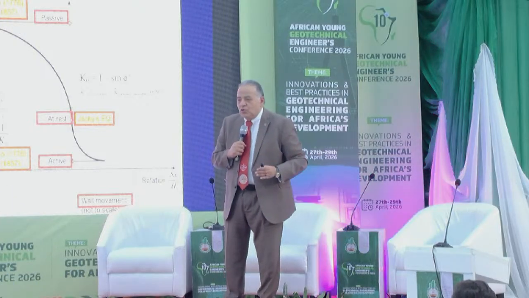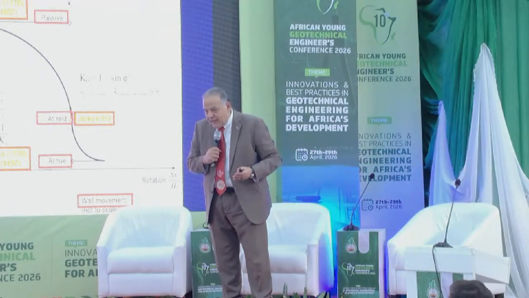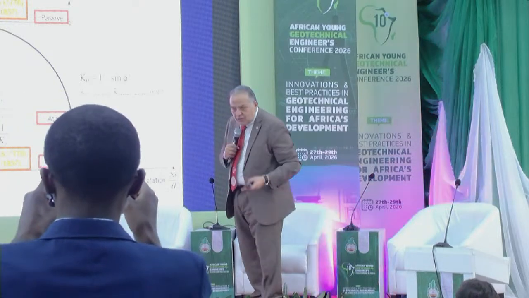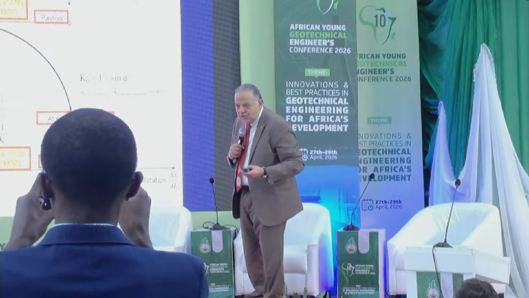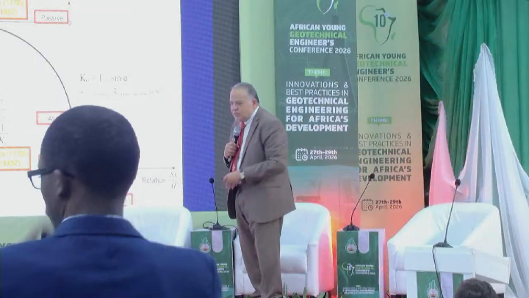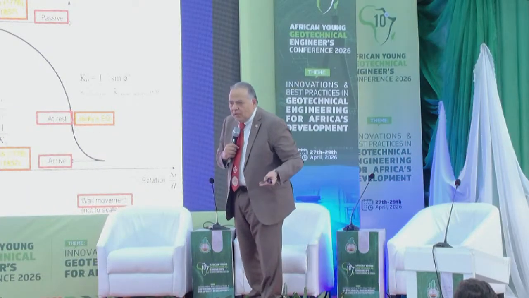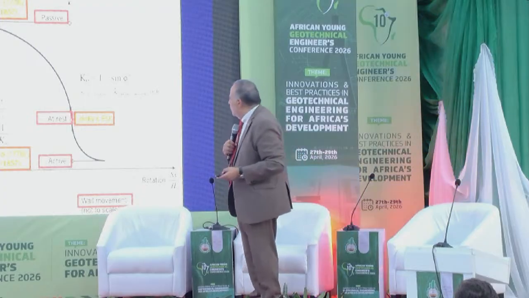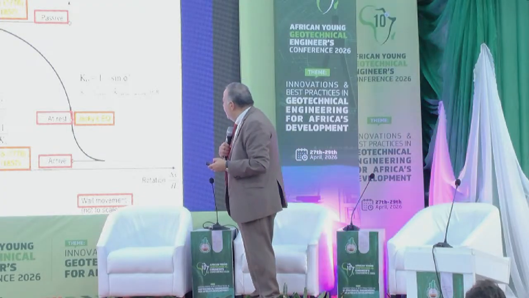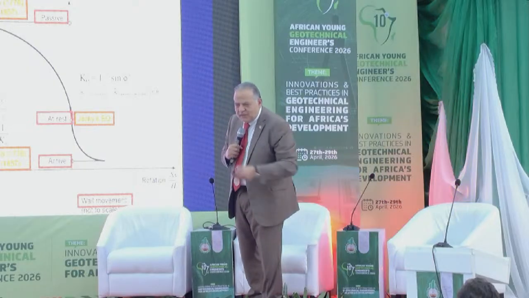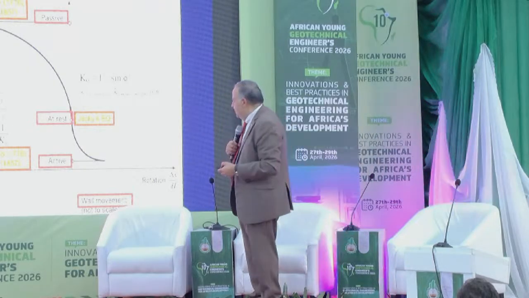If the soil is over consolidated, sand or clay, then K naught over consolidated is equal to K naught normally consolidated, which is 1 minus sine phi, multiplied by the OCR to the power of 0.5. Some literature says it's 0.5, some others say it's sine phi, and so on.